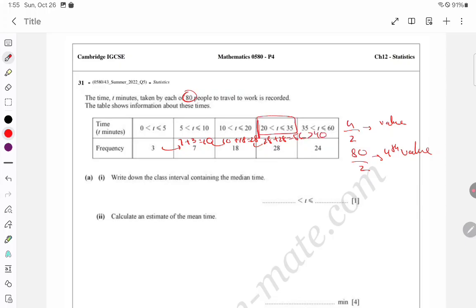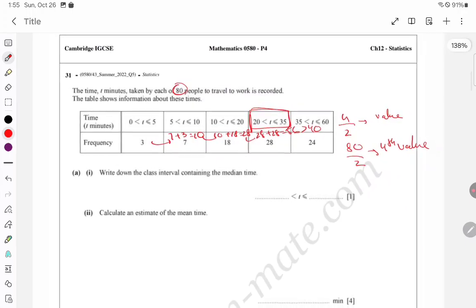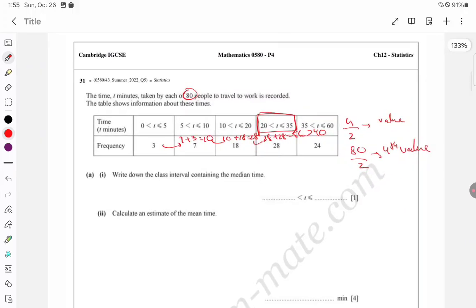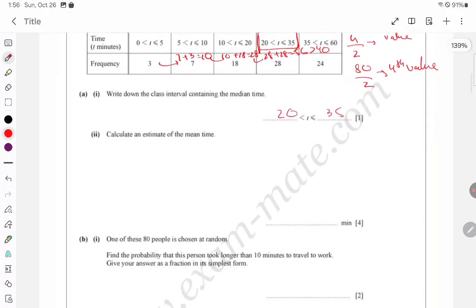This time period will be considered as the class interval containing the median time: t greater than or equal to 20, less than 35 minutes.